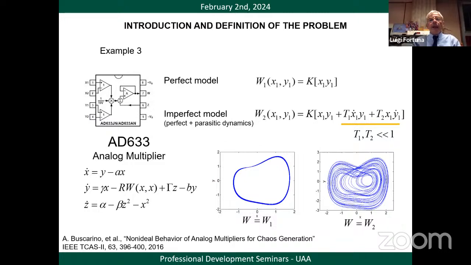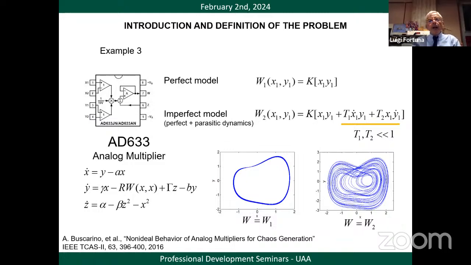But really, this does not occur, because there are parasitic dynamics inside the device due to the technology and the function that we have. So the behavior of the circuit includes not only a multiplication but some other computation like this one and this one. It is hidden in the behavior of the system and cannot be discovered.